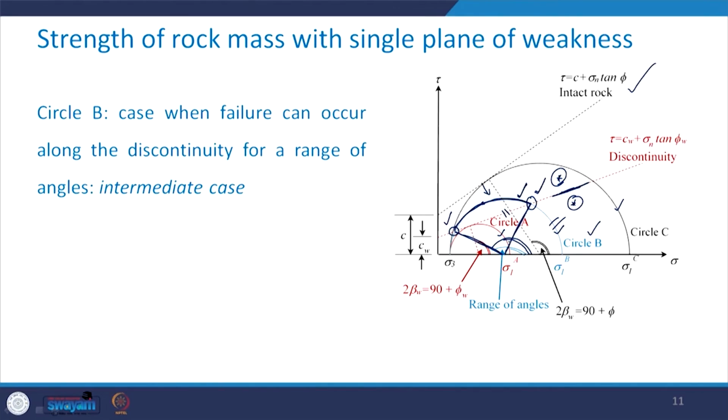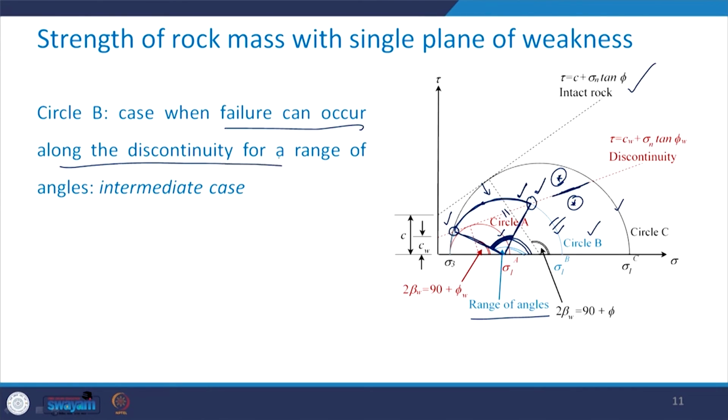Now, the range of this angle from here to here, which I am drawing with a solid thick line, this is the range of the angle. If the discontinuity is in this range, then the failure can occur along the discontinuity.